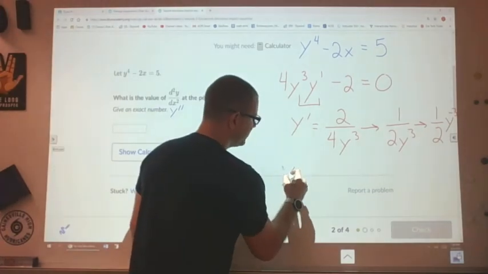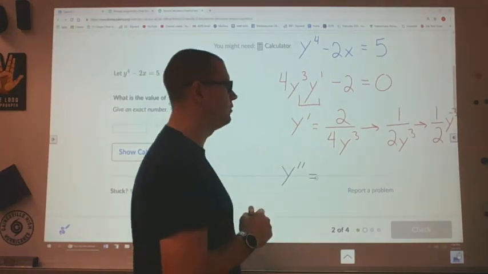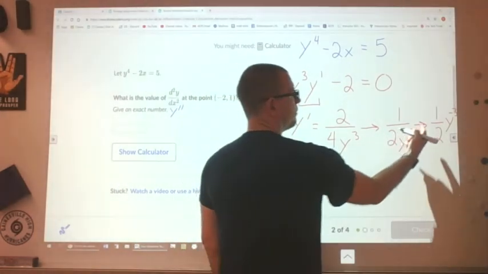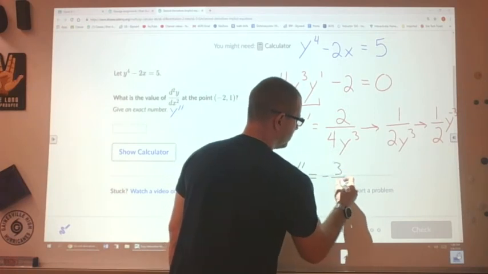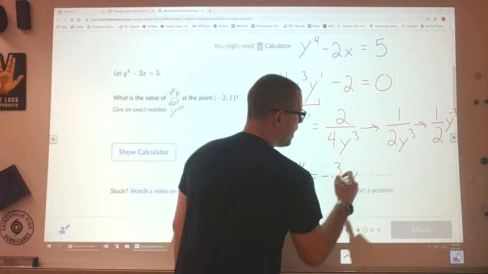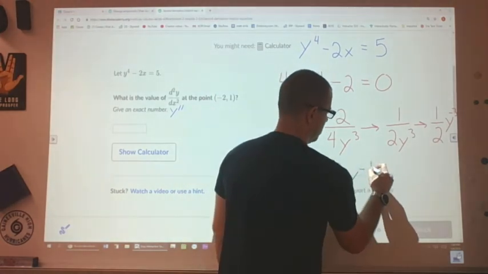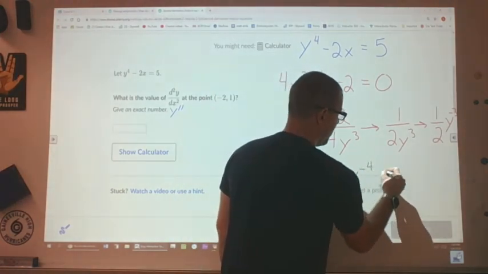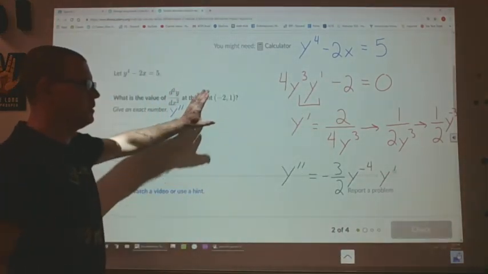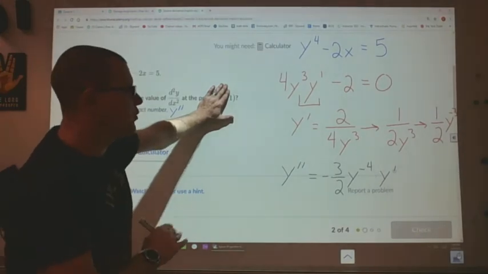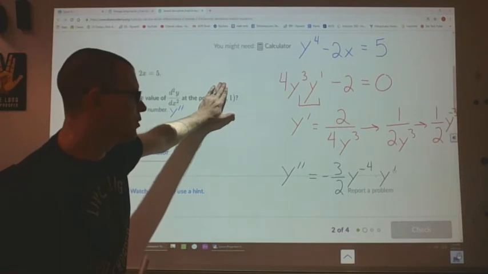So y double prime is equal to, bring the negative 3 down, so it's going to be negative 3 halves, y to the negative 4, y prime, that's our second derivative. Now I can start plugging in values.